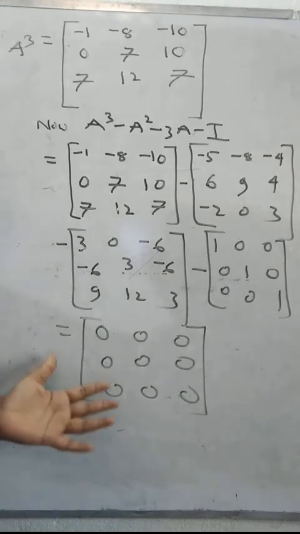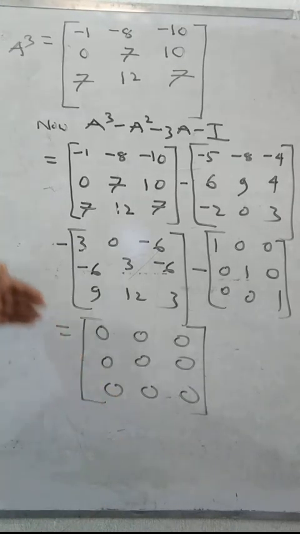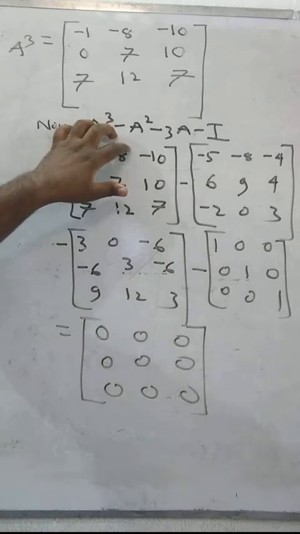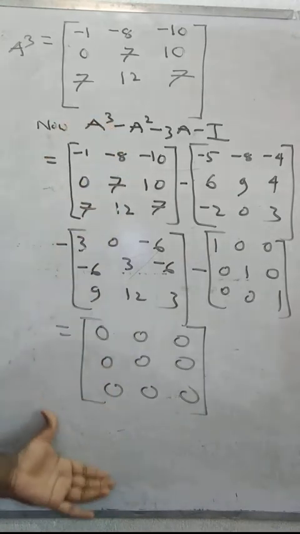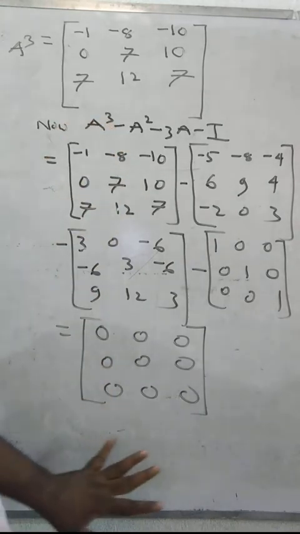So we have seen that the value of this matrix polynomial is obtained as 0. So the first part we have proved.